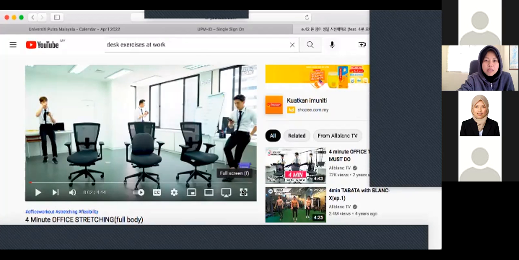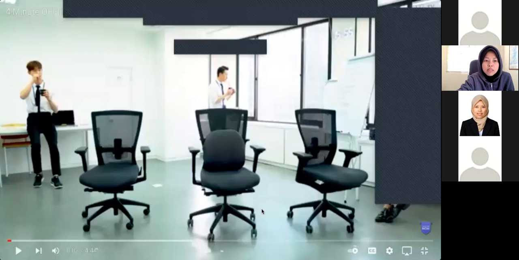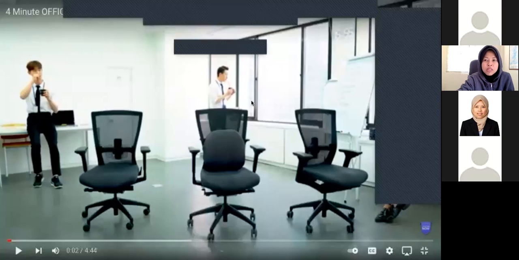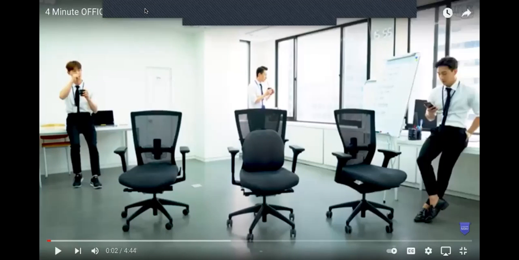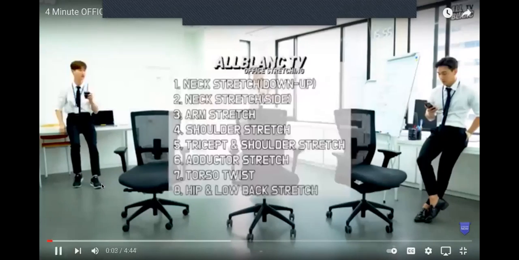Sebab saya nak minta semua orang, kalau boleh buka kamera pun lagi bagus. Tapi saya nak tutup kamera saya. Okay, boleh tak kita buat sama-sama 5 minutes exercise to stretch up a little bit? Boleh, doktor. Sekejap, saya try dulu dengar tak bunyi.